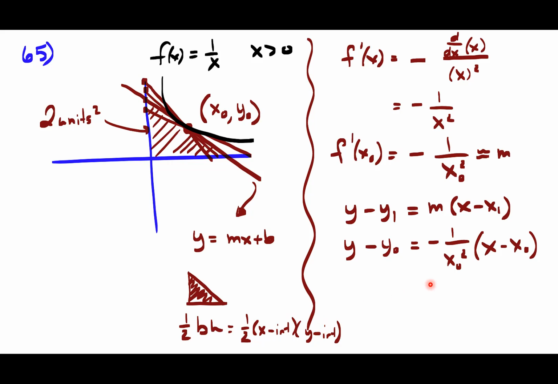So first things first, I'm going to multiply into here and into there. So y minus y naught is equal to negative, and we've got x on top, x naught squared on the bottom. So negative 1 times x gives you a negative x on top. That's this one here. The next one is negative 1 over x naught squared times a negative x naught.